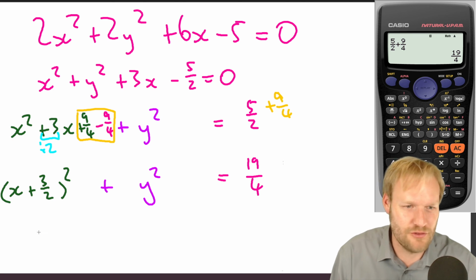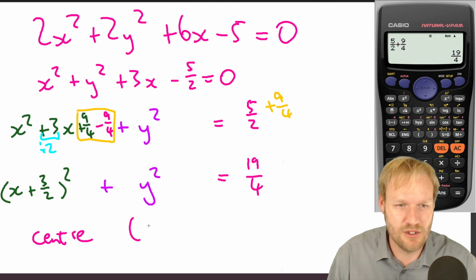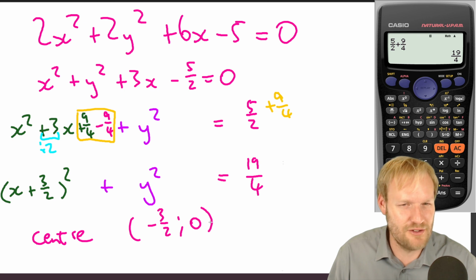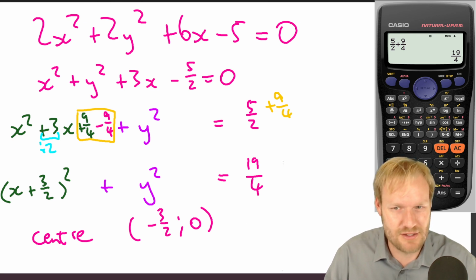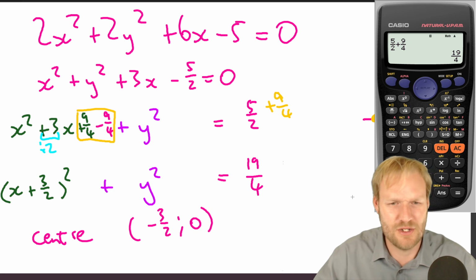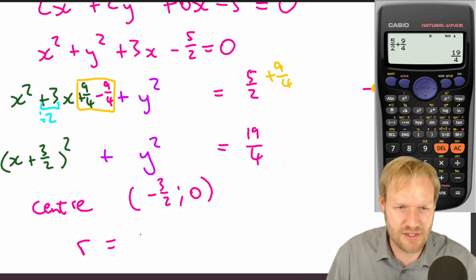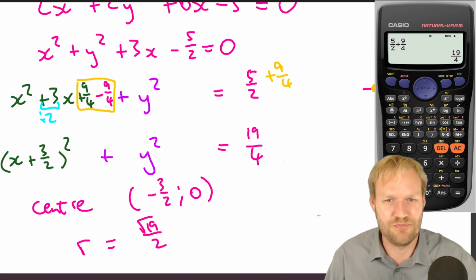Okay, so what's the center of our circle? Well, minus 3 over 2, and this is like y minus 0, so that's 0. So in other words, the center is somewhere on the negative x-axis. Okay, what's the radius of our circle? Well, it's the square root of that whole thing, square root of 19 over 2.